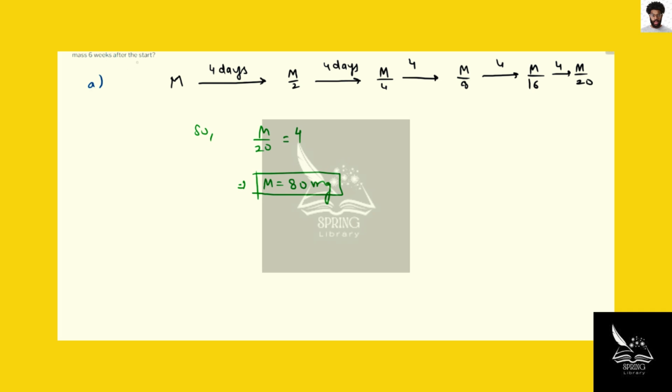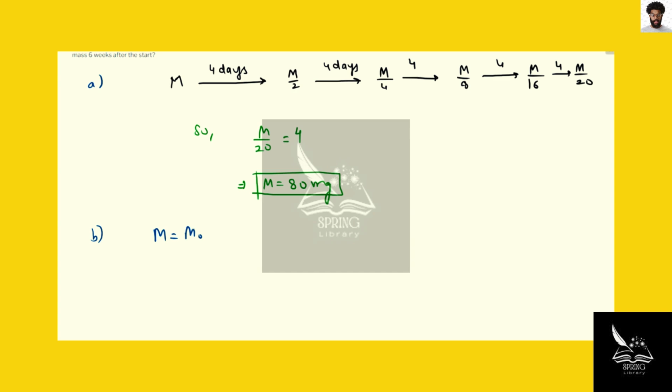Part B is what is the mass 6 weeks after the start. For that, we'll find the equation first, because the equation can now be easily written. m is equal to m naught.